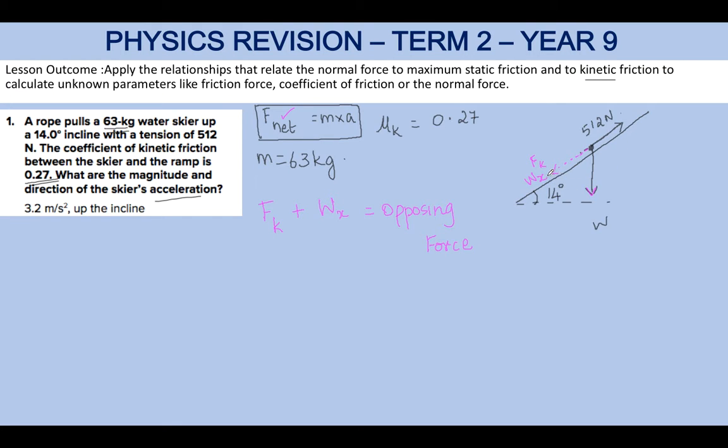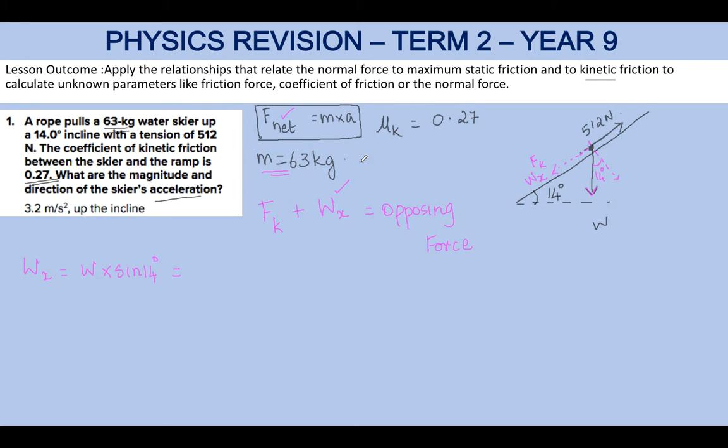Now let's find out one by one. First we find Wx. Using your math skills, you will get this angle to be 14 degrees. The component touching the angle will be cos and the opposite one will be sine. We are not interested in the cos component for this question, so I need the x component, which is W times sine 14 degrees. Have they given W directly?